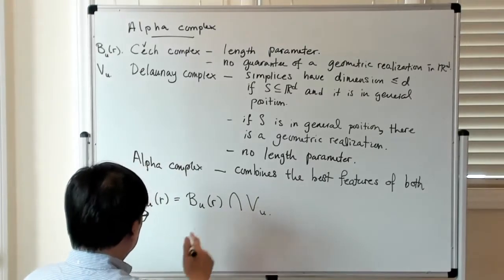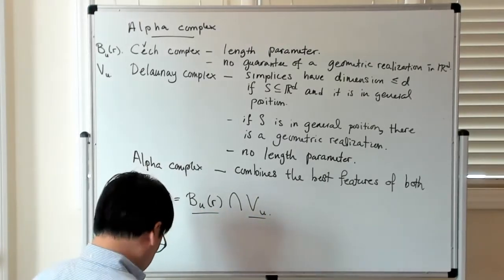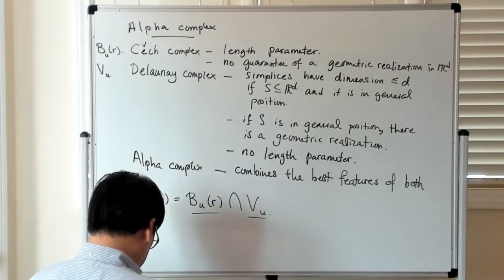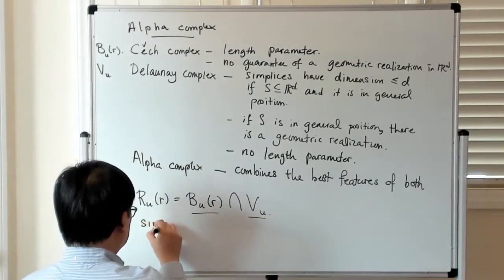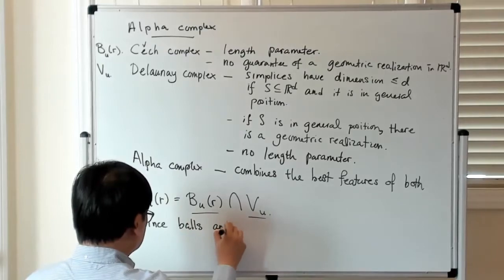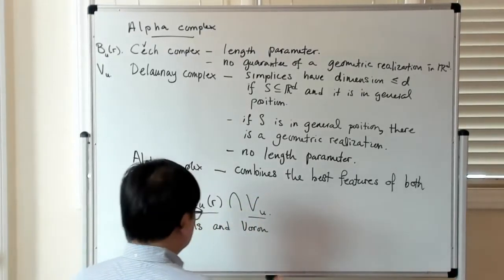Some observations: both the ball and the Voronoi cell are convex, so the intersection is again convex, and closed.